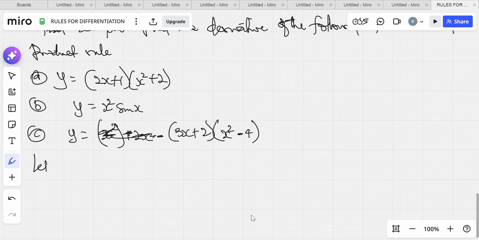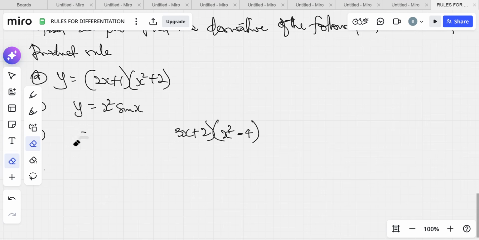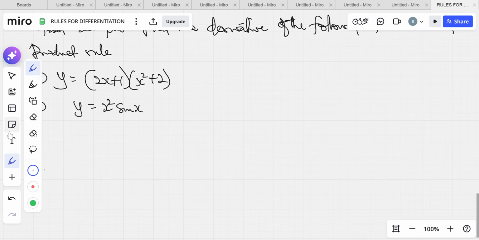I will now say let u be what? In number 1, or number 1a. So let me state it so I will know the ones that we are solving. I'm picking it one at a time so that I don't get confused between the one we are solving and the one we are not solving. Okay, so let's continue.